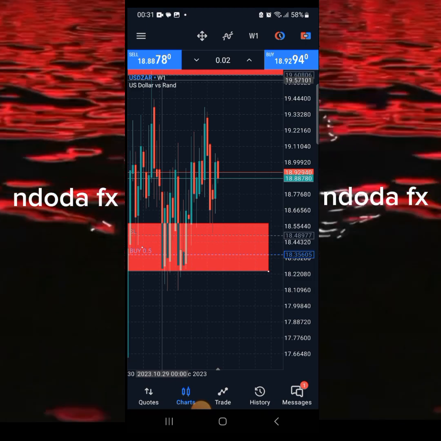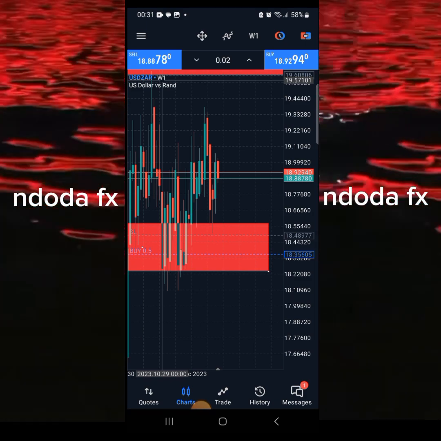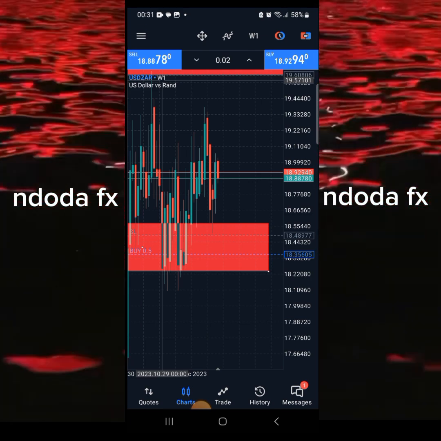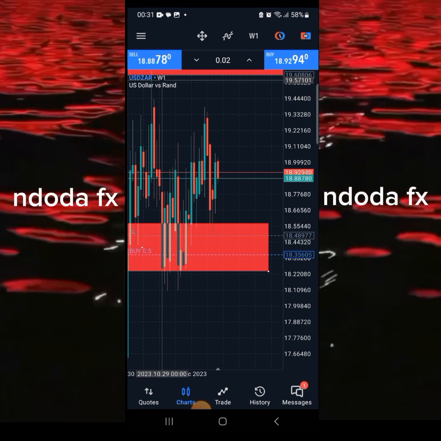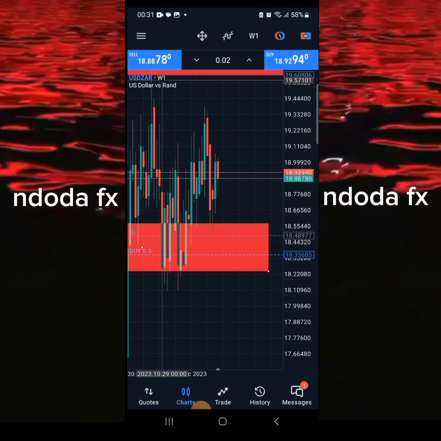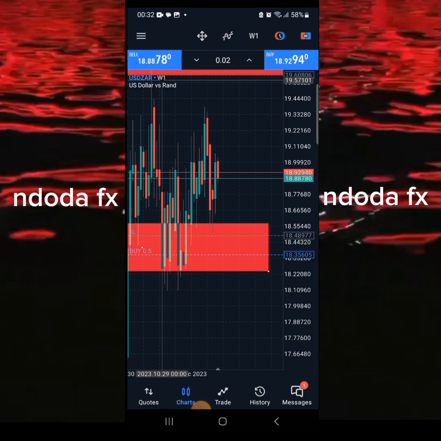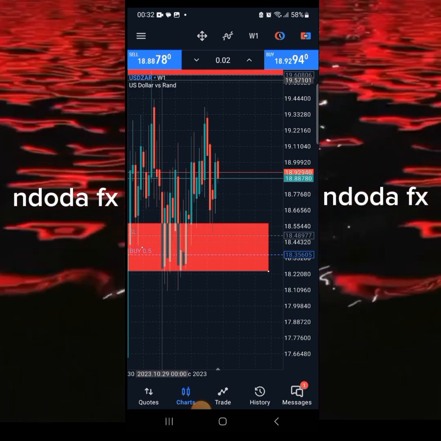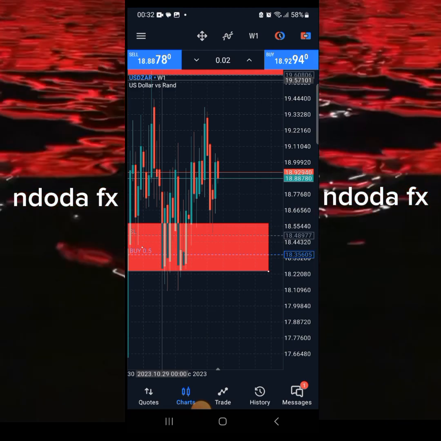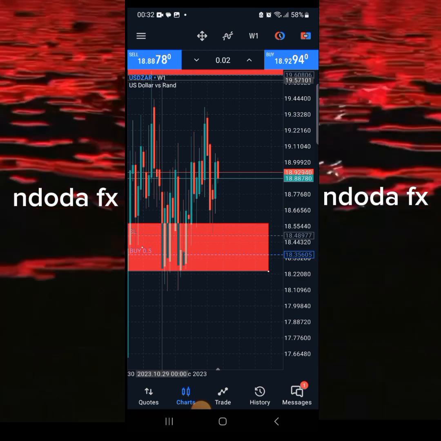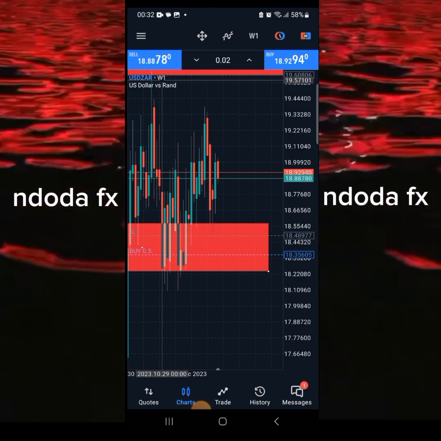That's why I was able to hold this trade for this long, because I understood what was expected. I did my research. Understood what was expected between these two countries. So it made me hold my trade, and that's why I'm expecting such high returns. It's all about patience and knowledge.